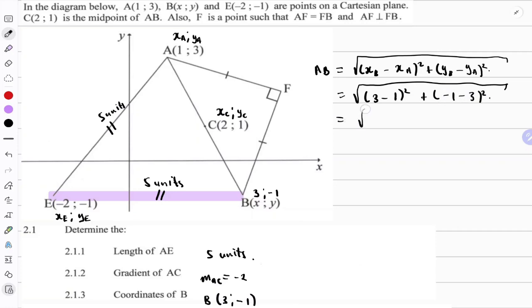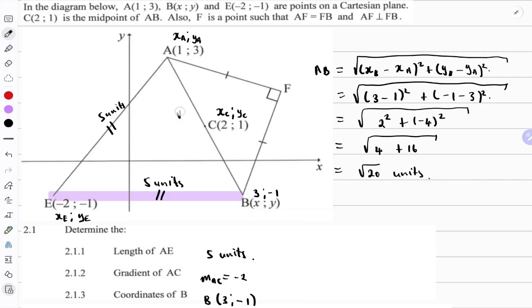So this is equal to the square root of 2 squared plus negative 4 squared, which is equal to the square root of 4 plus 16, which is equal to the square root of 20 units. So we can just write that down, that the distance AB is the square root of 20 units.